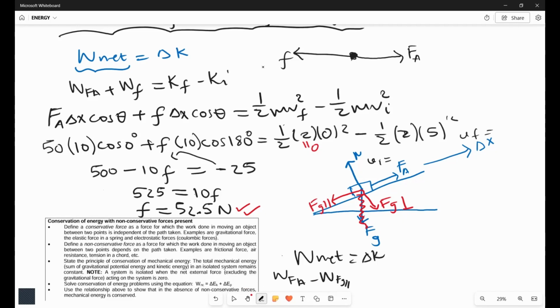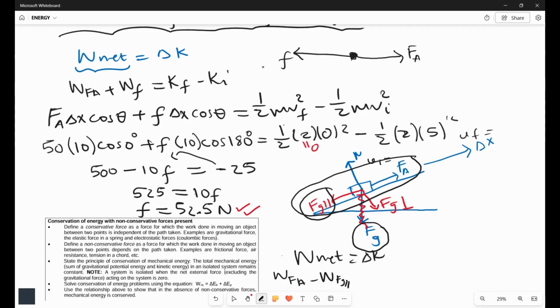I still repeat my statement. Fg on its own does not do any work, but the parallel component of it, which is Fg parallel, is the one that is doing work. Why? Because I said parallel forces or parallel components of forces are the ones that are doing work.